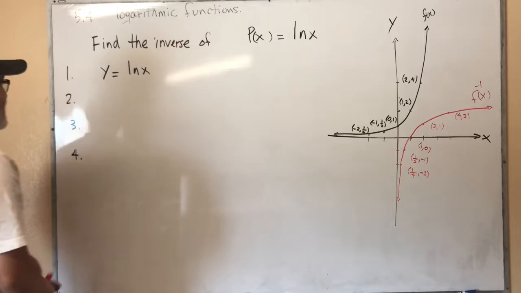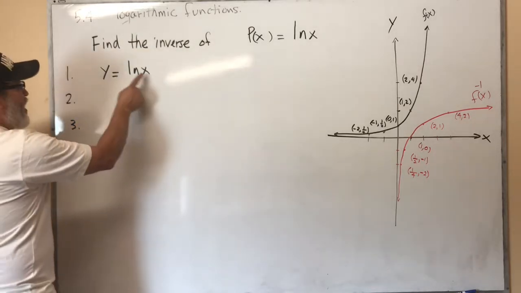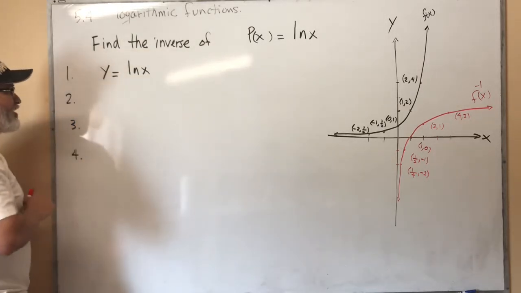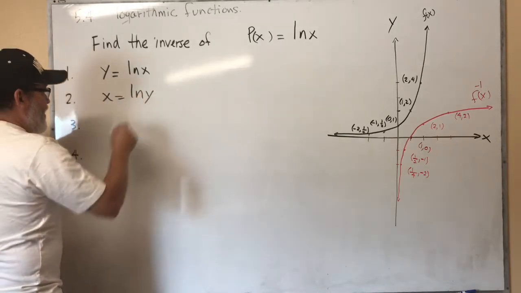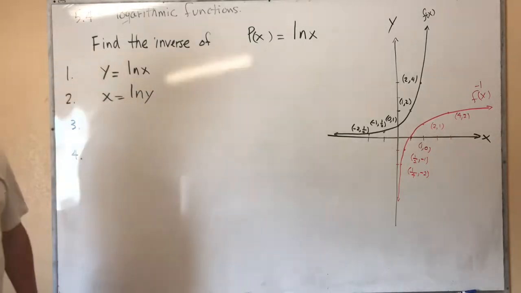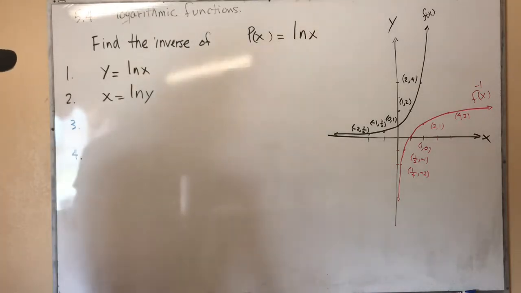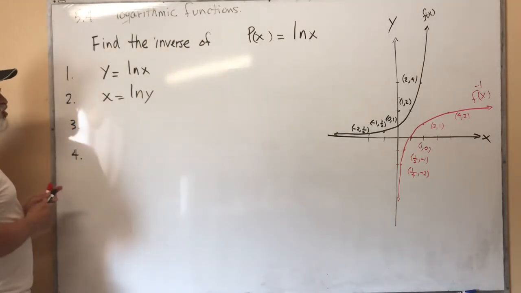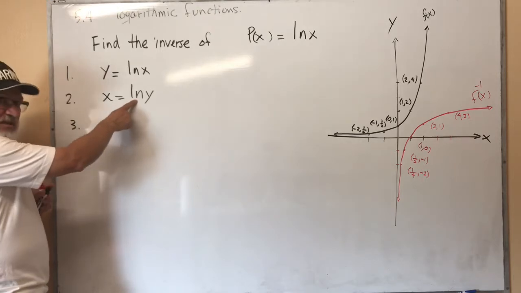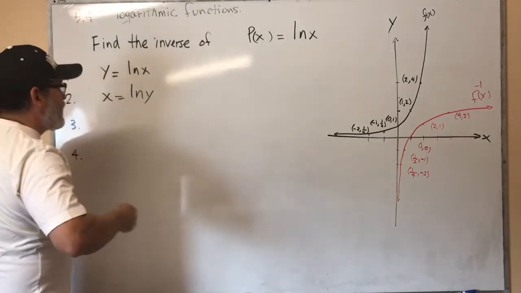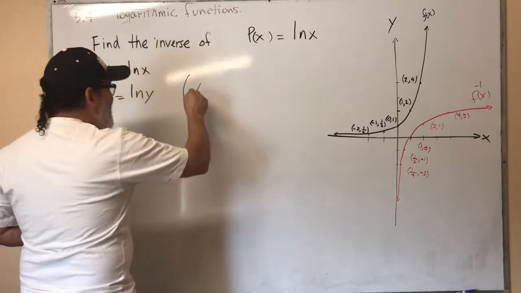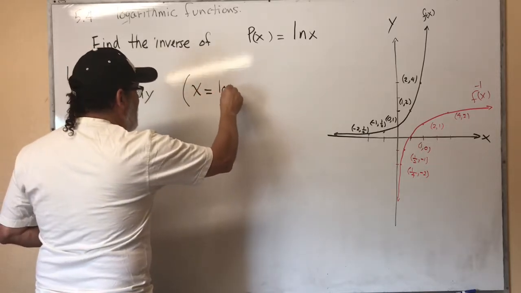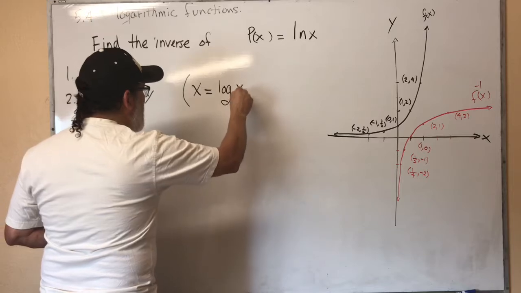What's the next step? Interchange x and y. X equals ln of y. Solve for y. Now, if you're going to solve for y, you better remember what this ln represents. Let me write it in parentheses. This x equals log base e of y.